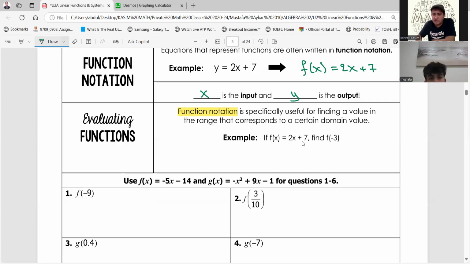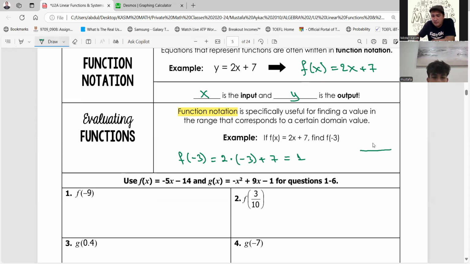If I evaluate f of negative 3, wherever I see x, I replace it by negative 3. I have 2 times negative 3 plus 7. 2 times negative 3 is negative 6, plus 7 is 1. So the value of the function at negative 3 is 1.